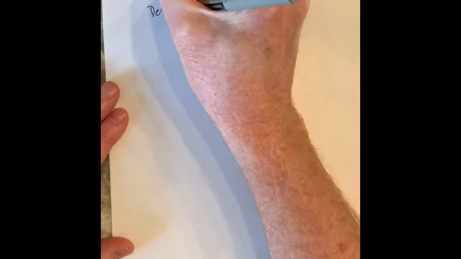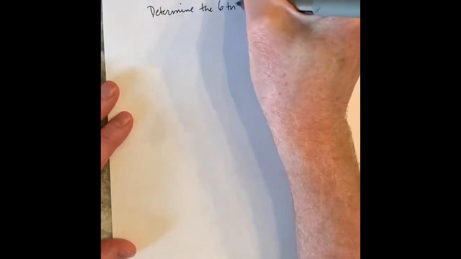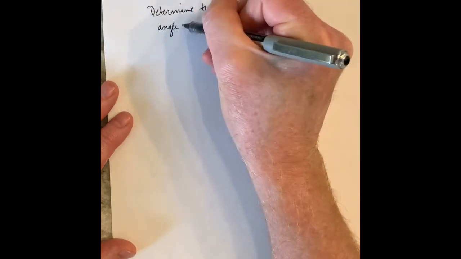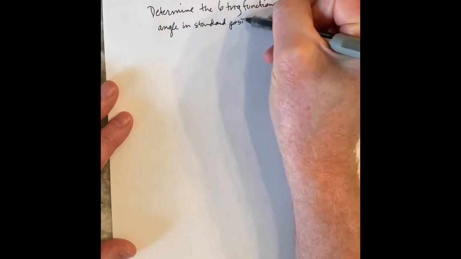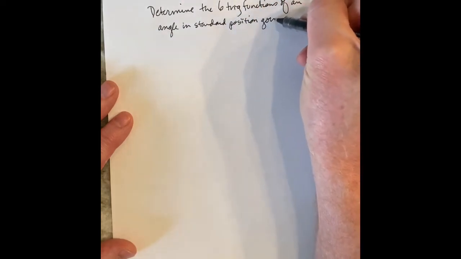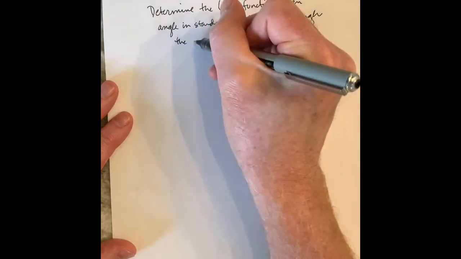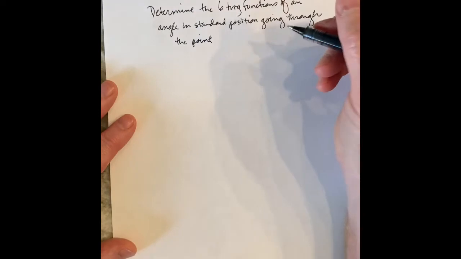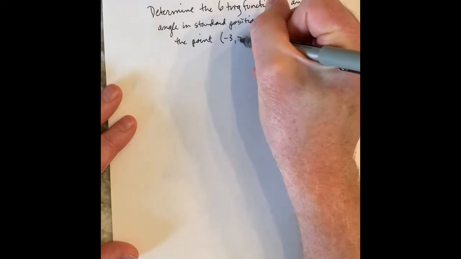So what if my question to you was this? Determine the 6 trig functions of an angle in standard position going through the point, let's make it easy, (-3, 5).